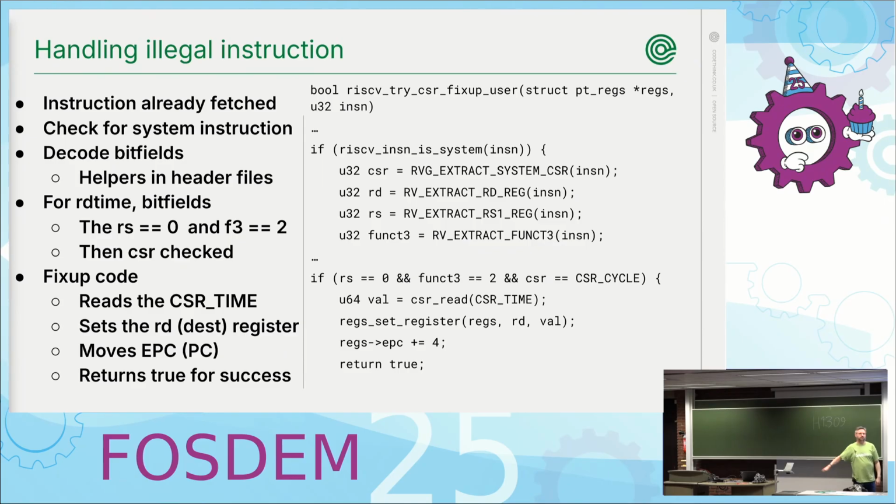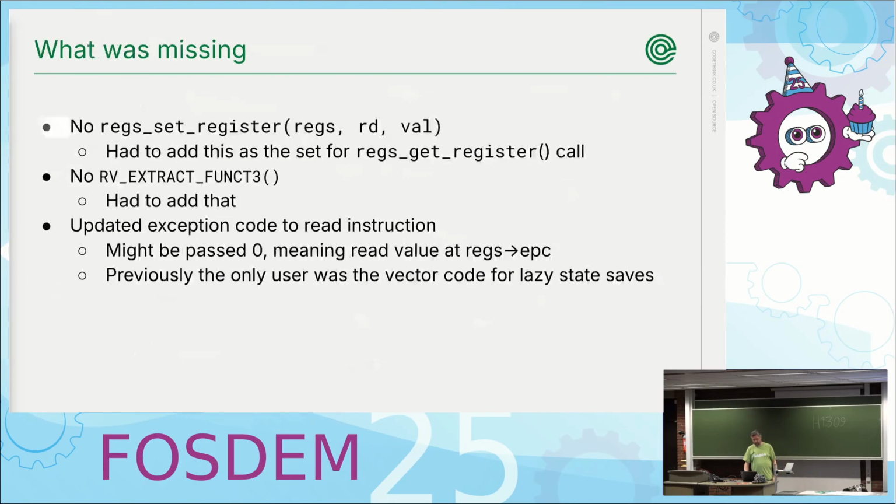Obviously, we don't want to use CSR cycle, because whilst we could get that from the kernel, that would be just leaking the information we didn't want leaked. CSR time is obviously apparently a better way. So we can just move the EPC register on to where it was, return.